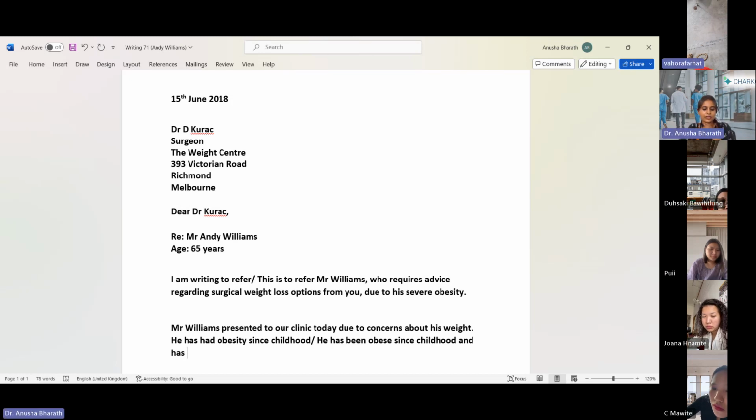You can also say that when there is a rapid increase in certain durations, then you can use the word exponentially.